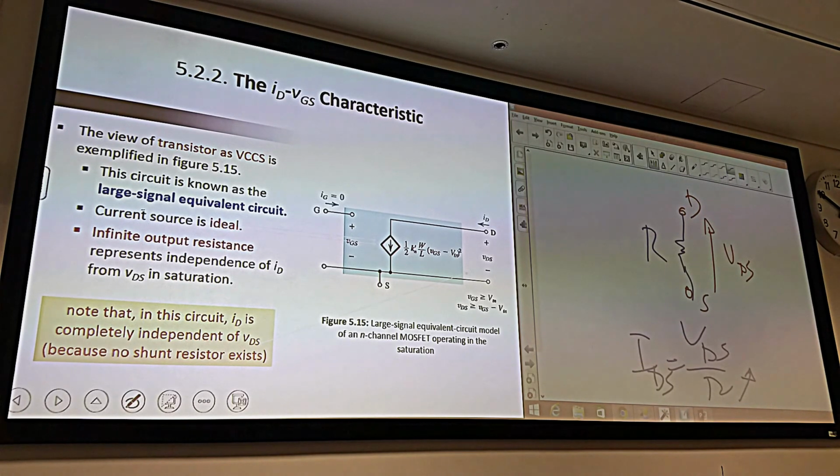What we know is that in saturation, do we have any relation between IDS and VDS? Do we have any function between them? There's no function, yes or no? Because in saturation, the drain current depends only on the overdrive voltage. It doesn't depend at all on VDS.